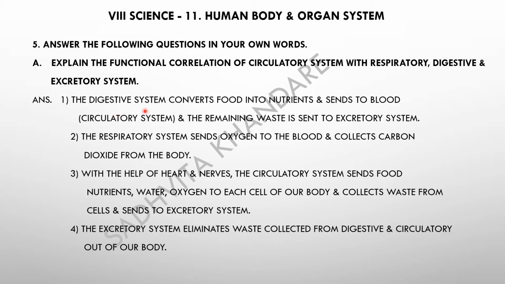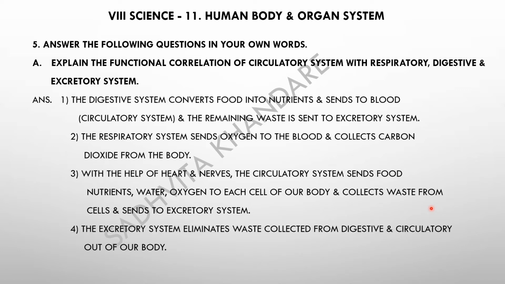So children, the digestive system is digesting the food, sending the nutrients to circulatory system. The respiratory system is sending oxygen. So now the circulatory system is getting nutrients and oxygen from these two systems. This food, nutrient, water, oxygen, all this it is sending to each and every cell of our body.